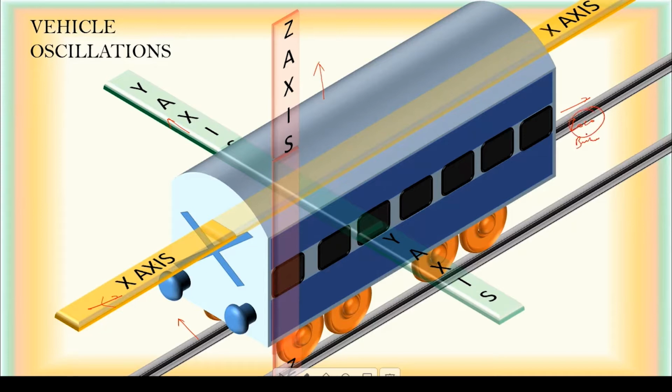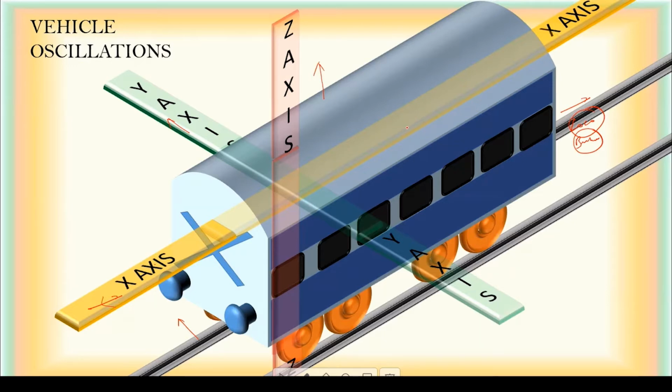This is the input we are giving, loco and braking. All other movements happening in the rolling stock are a consequence of, number one, the design parameter of track and rolling stock. Number two, defects in track and rolling stock. Number three, defects in, or what you call irregularity in, operating features.